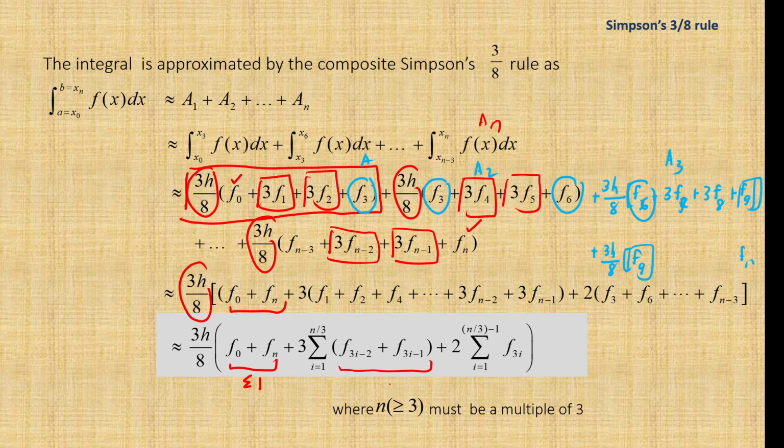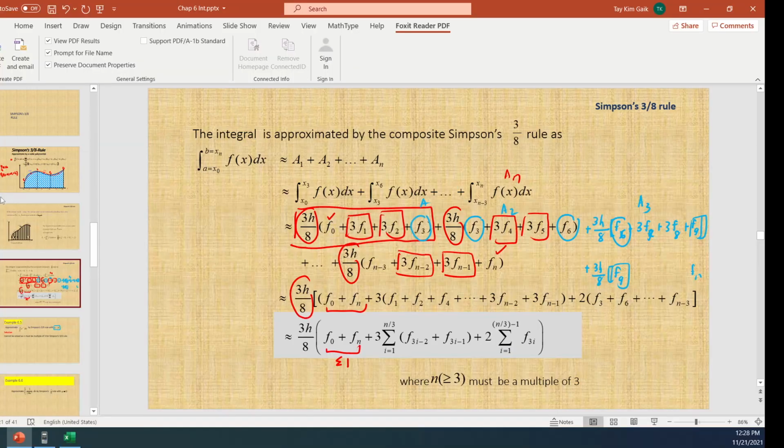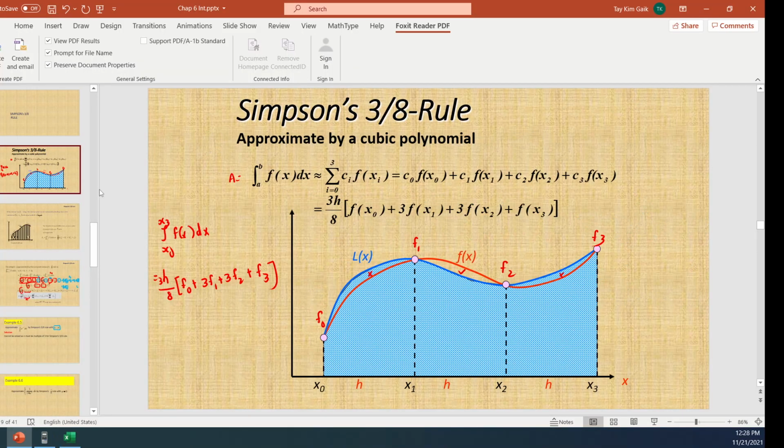And for Simpson 3 over 8, make sure the basic structure is 3 segments. Here, 3 segments, 3 segments, this is indicated as A1. A1 is 3h over 8 times f naught plus 3f1 plus 3f2 plus f3. And then from 3 segments, you can double to become 6, 9, 12, 15.